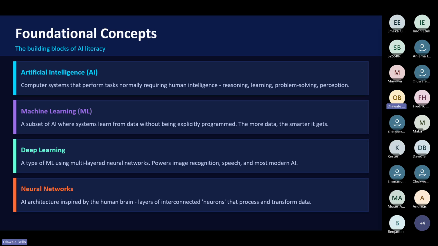So that is AI. But when we're talking about machine learning, deep learning, and neural network: machine learning, first off, is a subset of AI, right? Deep learning is a type of machine learning. But what is machine learning? What is deep learning?